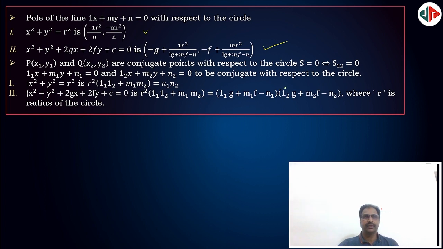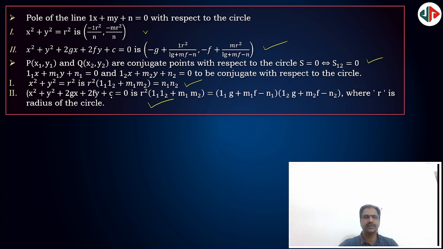And the condition for two points to be conjugate is S12 = 0. If the circle equation is x² + y² = r², this is the condition for two lines to be conjugate.